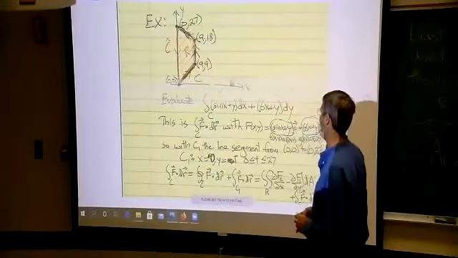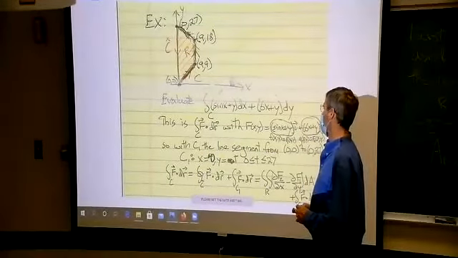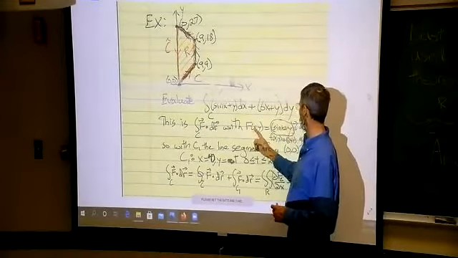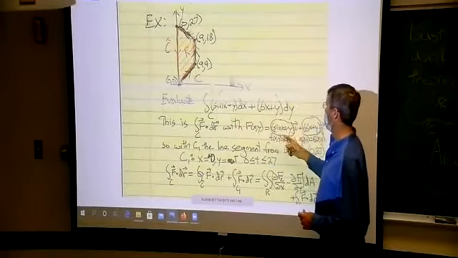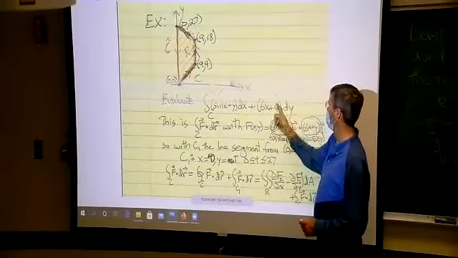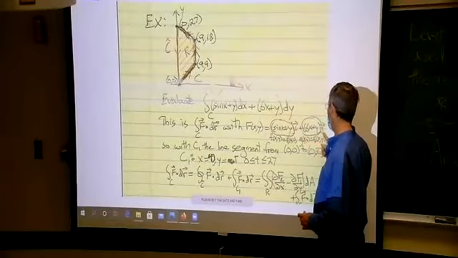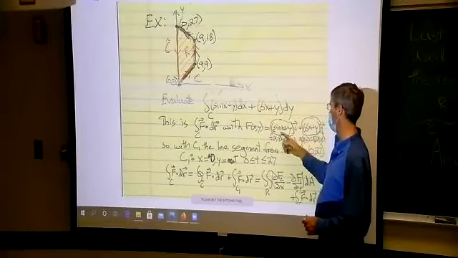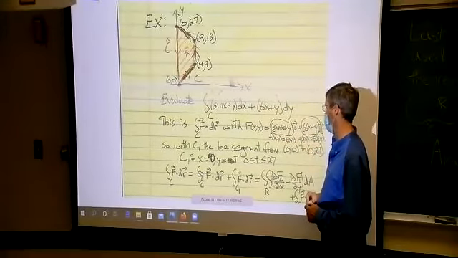Well, this is actually pretty easy for this problem, because for this integrand, if I call this F of x, y equals sine x plus y i plus 6x plus y j, we can call the components little f and little g, or f1 and f2, as we also called them last time.